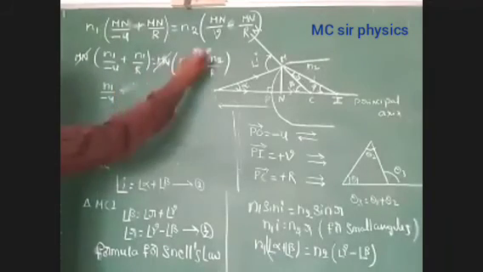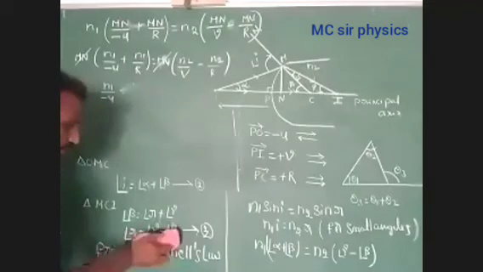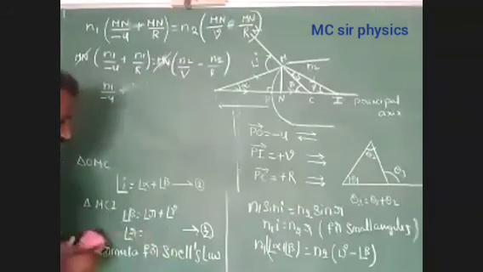Now here n1 by R goes to that side. Sign convention: angle gamma minus angle beta. Note down these points first. Just observe here, angle gamma minus angle beta is a mistake.